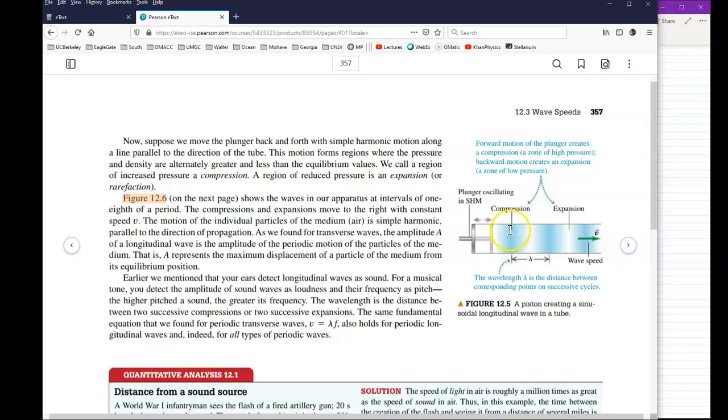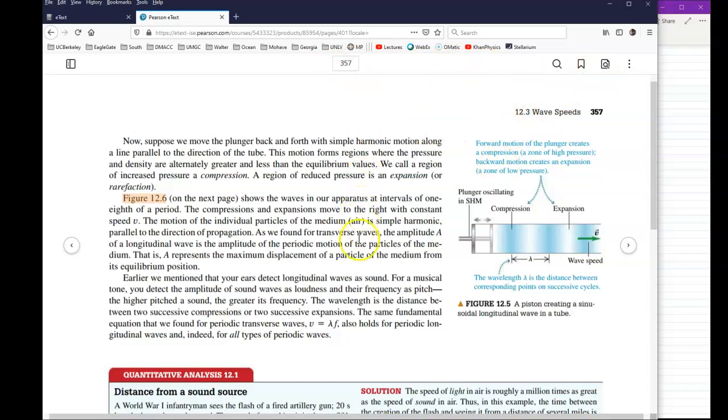So this blue color is a compression region, and then the white one here is represented by the expansion region. Sometimes it's called rarefaction. Okay, the expansion or rarefaction region. That's an old name for it. Okay, that's basically what a longitudinal wave is.